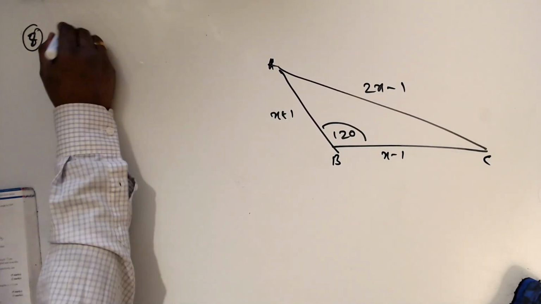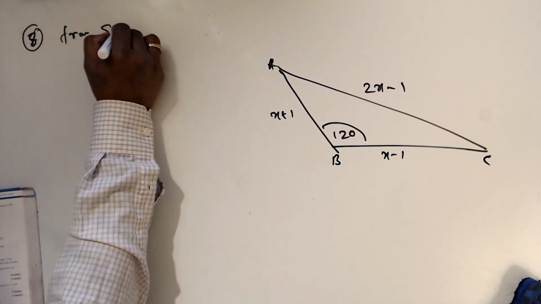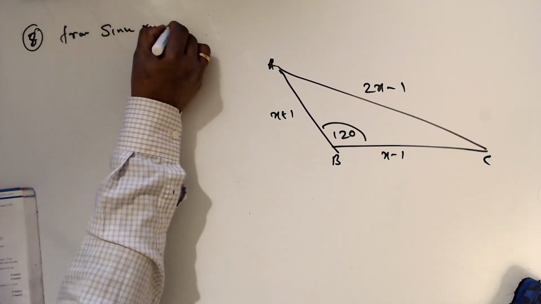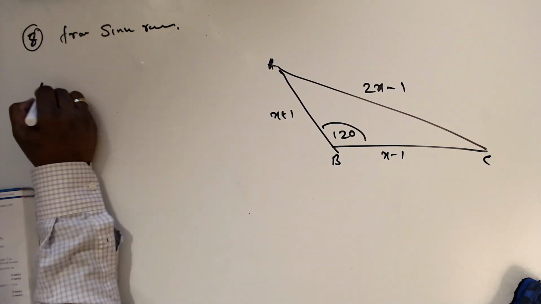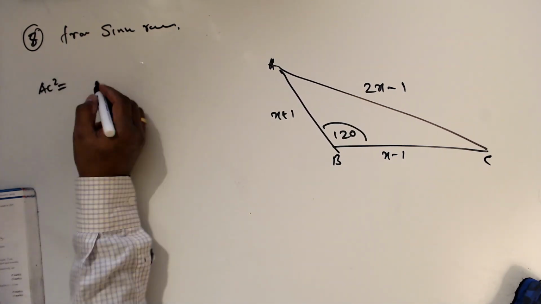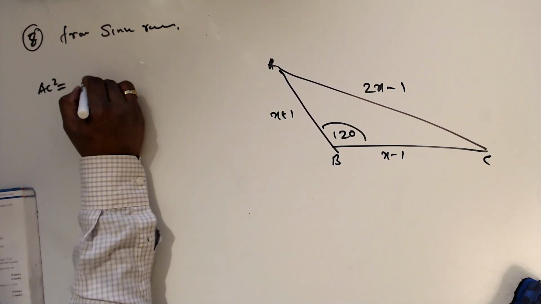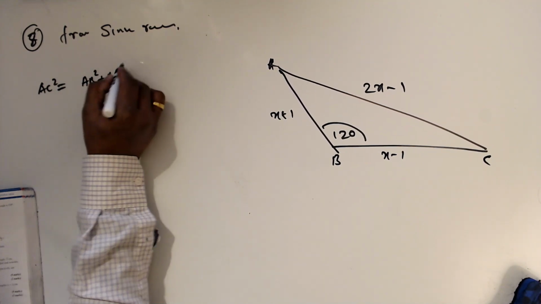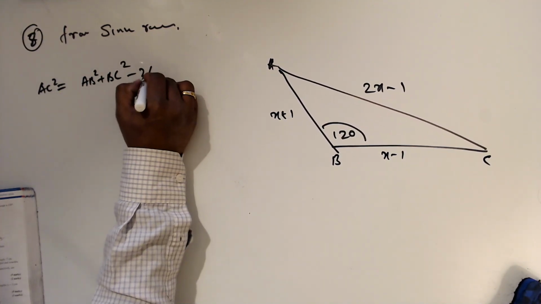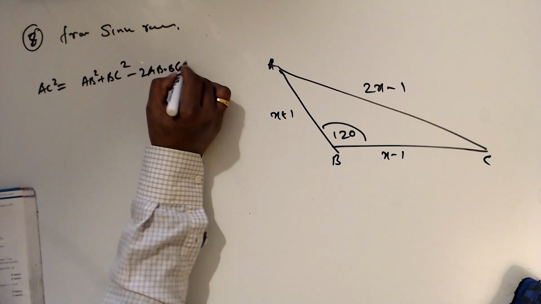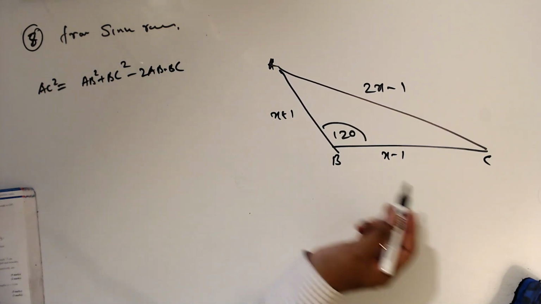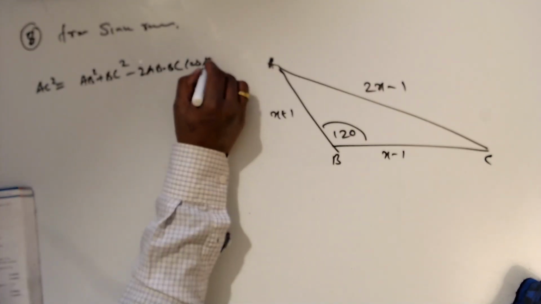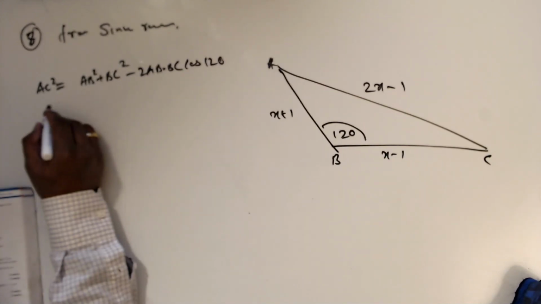In triangle ABC, from the cosine rule, AC square equals AB square plus BC square minus 2 AB BC cos 120.